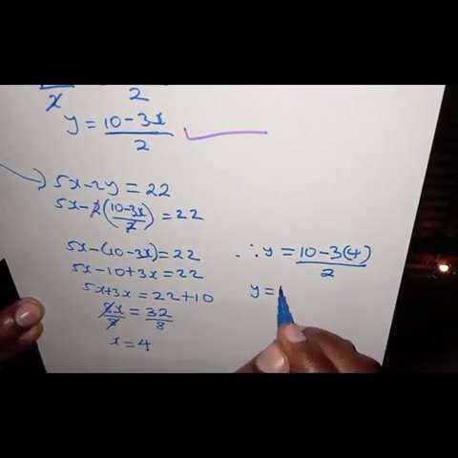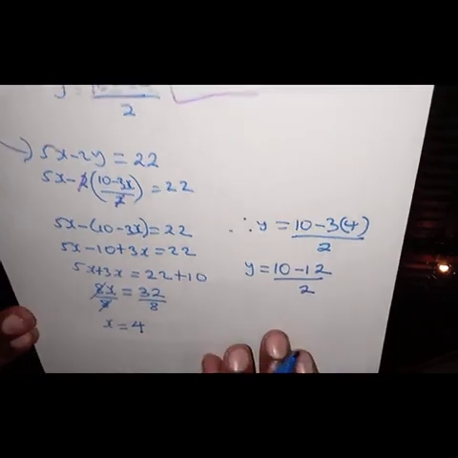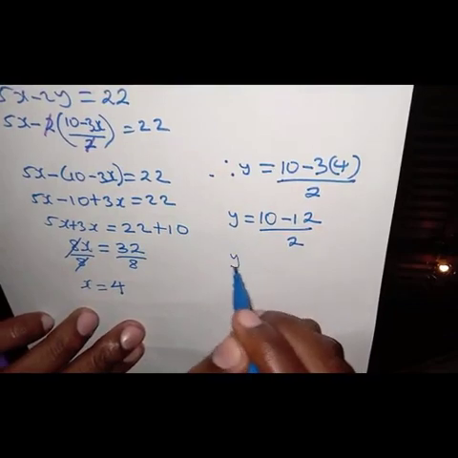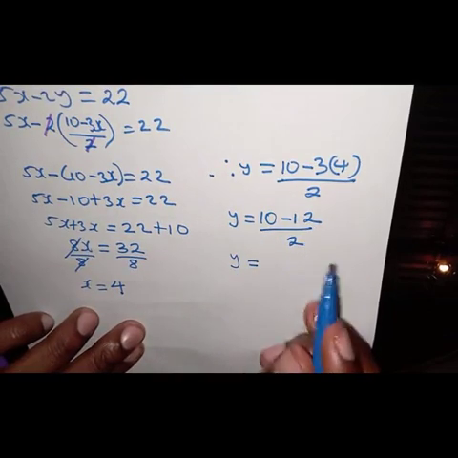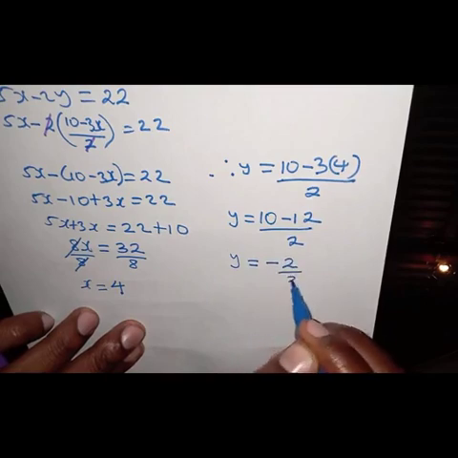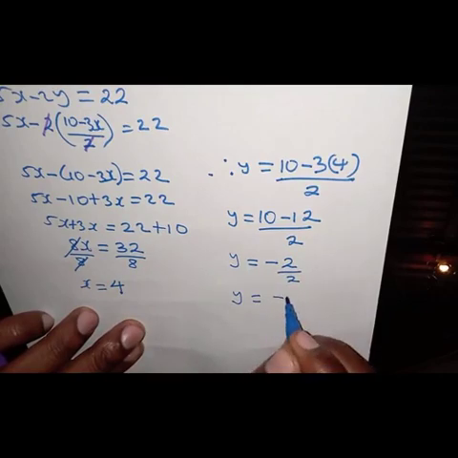Y is equal to 10, negative 3 times 4 is negative 12 over the same 2, right? Then y is equal to 10 minus 12, that is negative 2 over 2. Y is equal to 2 into negative 2, negative 1.